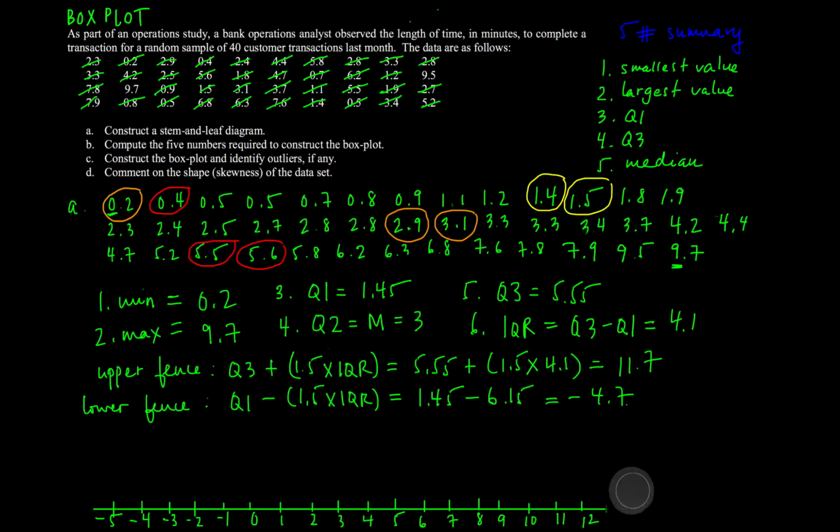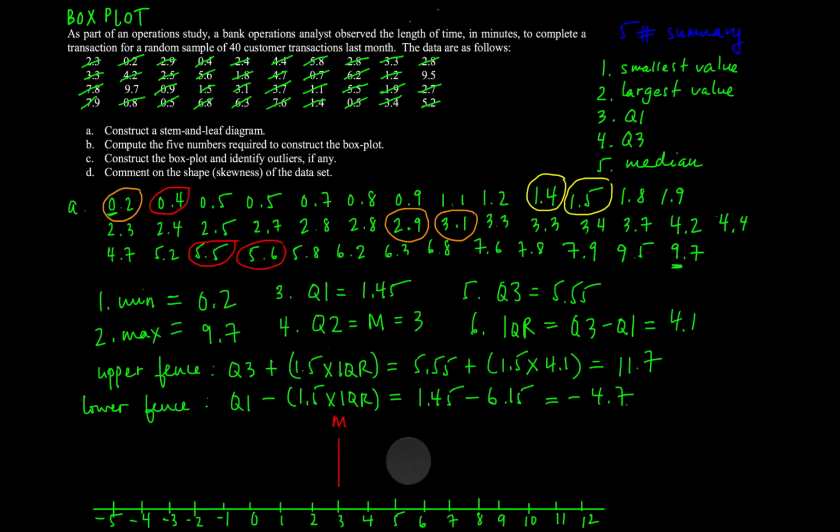Perfect. So the first thing that I suggest you put in is your median, always. So the median is here at 3. So this is my median, or my Q2. Next, I suggest we do Q1 and Q3.